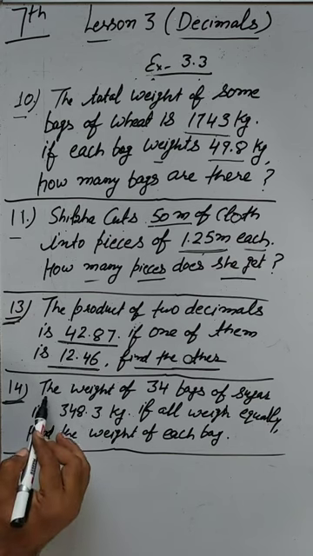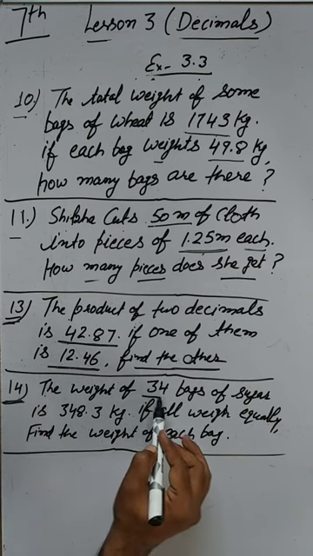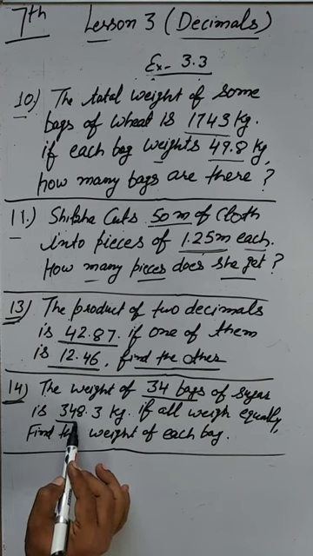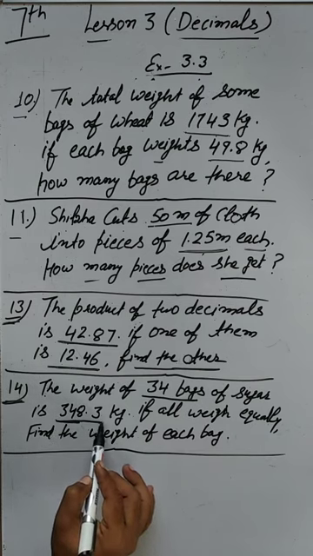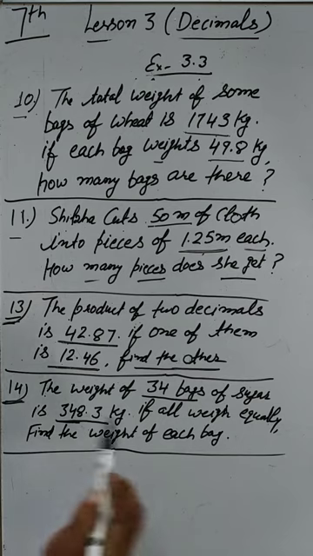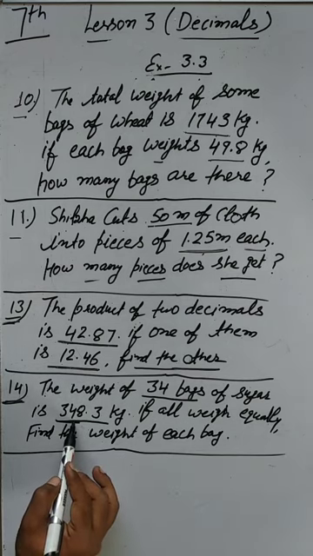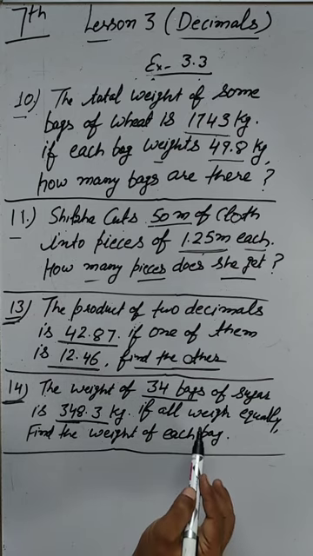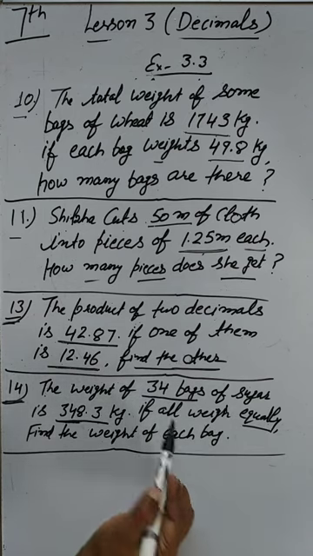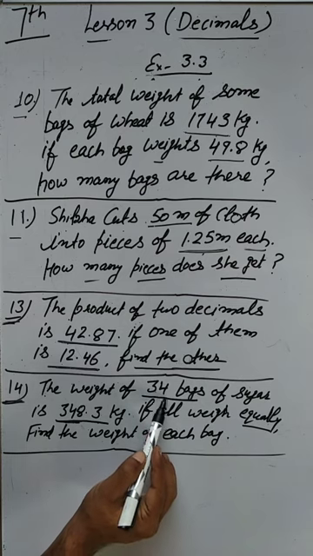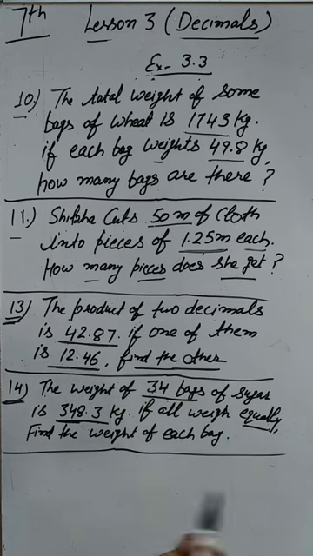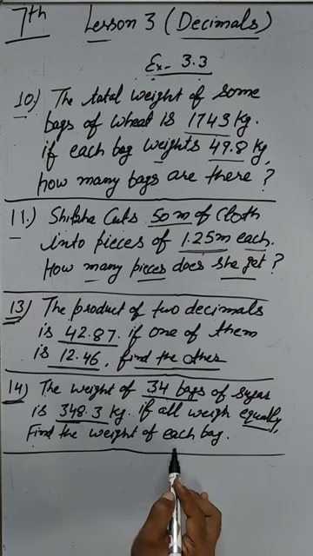Question 14, beta: the weight of 34 bags of sugar is 348.3 kilograms. If all weigh equally, find the weight of each bag.